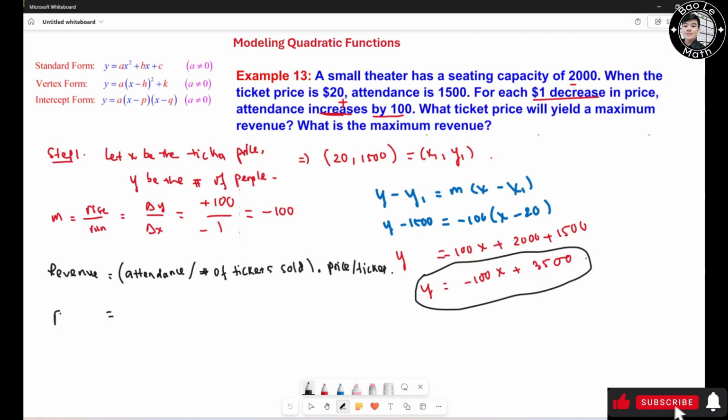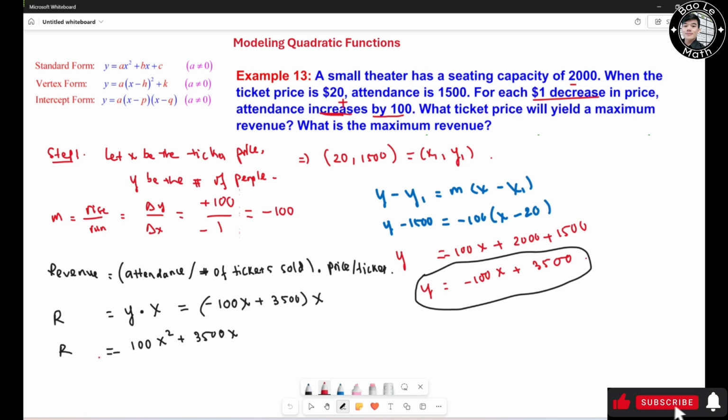So revenue is y times the price per ticket, which is the S value, right? And then I substitute this right here for y. So it turns out to be negative 100 S plus 3500, altogether multiplied by S. And then I distribute S, so revenue equals negative 100 s squared plus 3500 s.